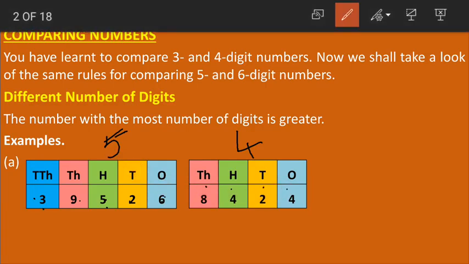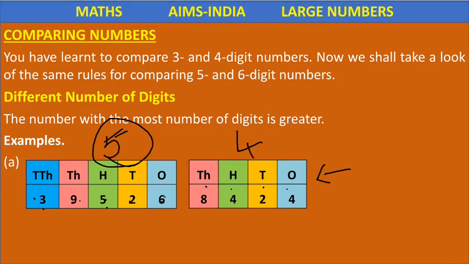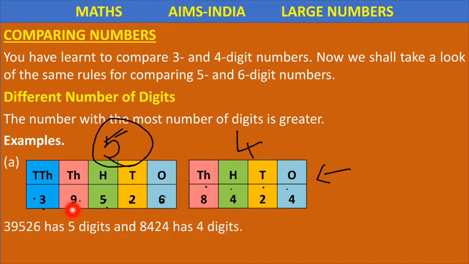Yes, the number with 5 digits becomes the greater number, because it has more digits than this number. 39,526 has 5 digits and 8,424 has 4 digits.